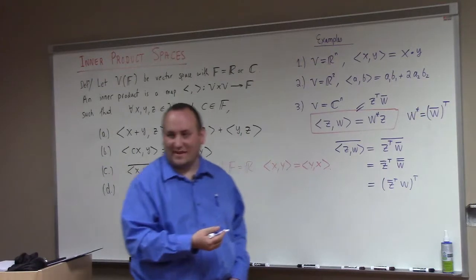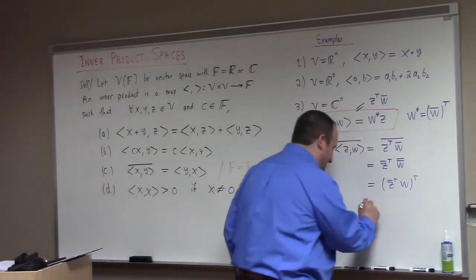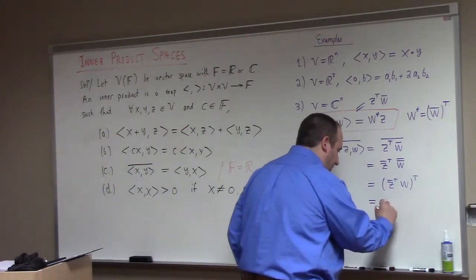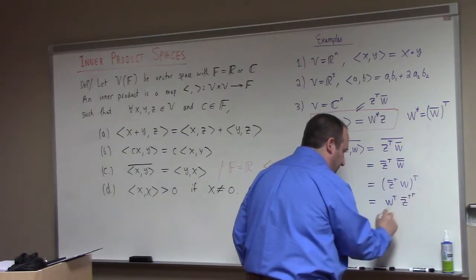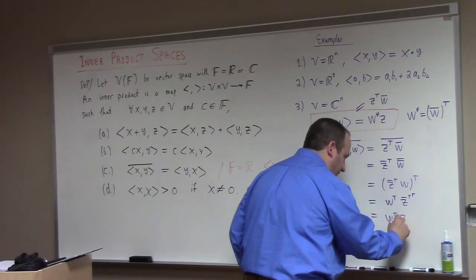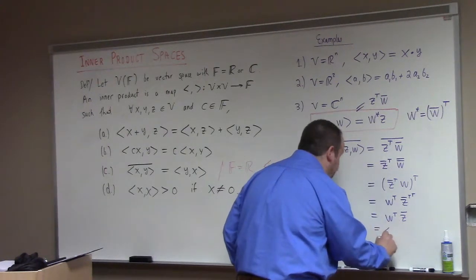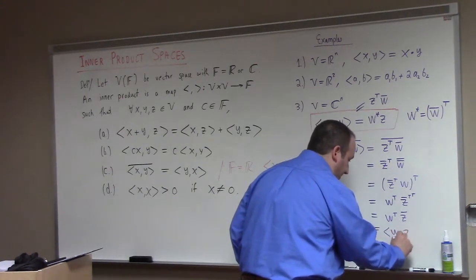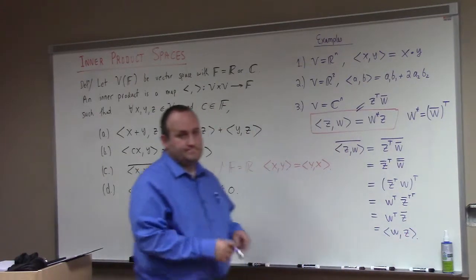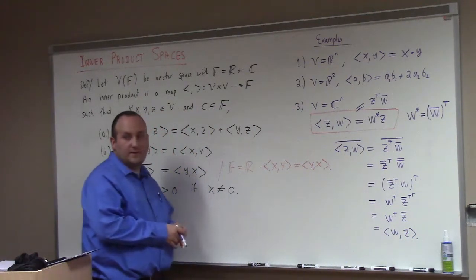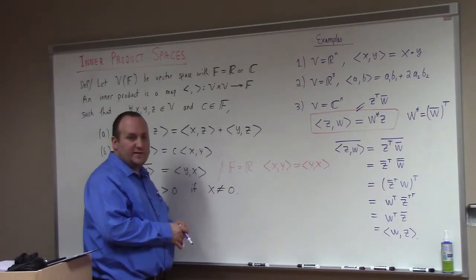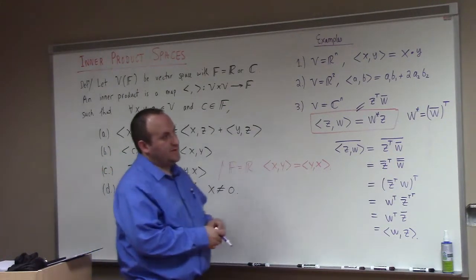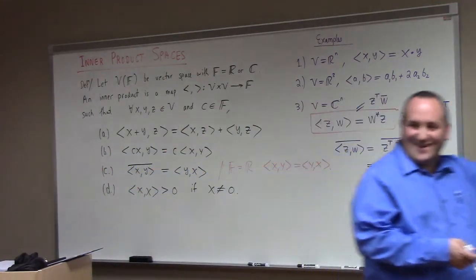What I had written was actually n by n. Anyway, so W transpose, Z conjugate transpose transpose, also known as W transpose Z conjugate, also known as inner product of W with Z. All right. So, sorry, I just didn't notice the order of letters in my notes when I copied it down. Anyway, this formula is still correct. Okay.